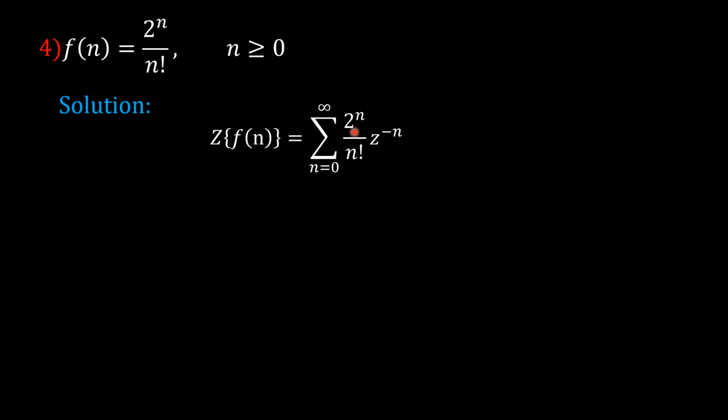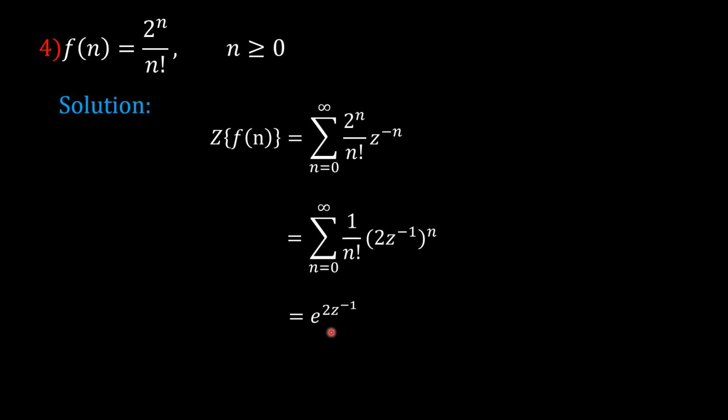Now, we will combine 2 raised to n and z raised to minus n. We can rewrite it as summation n runs from 0 to infinity of 1 upon n factorial times (2 z inverse) raised to n. Clearly, from the Maclaurin series expansion of the exponential function, we can write it as e raised to 2z inverse.